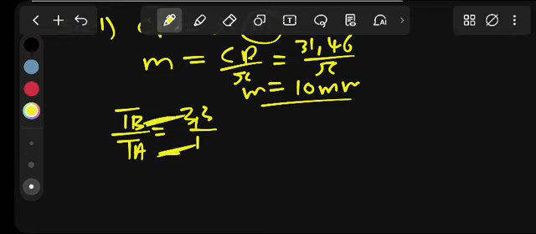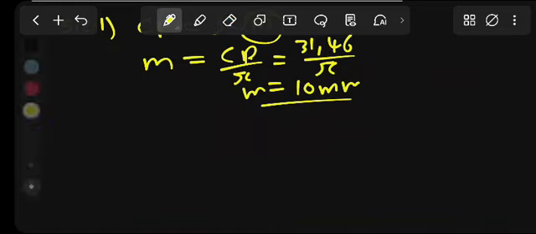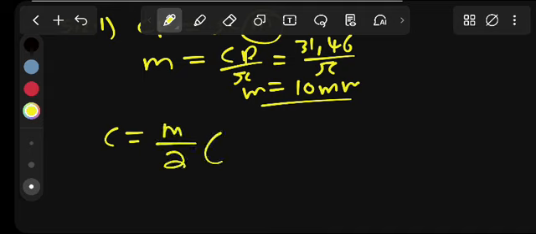Let me be guided by this. We know that the center distance is equal to modulus divided by 2 times TA plus TP.